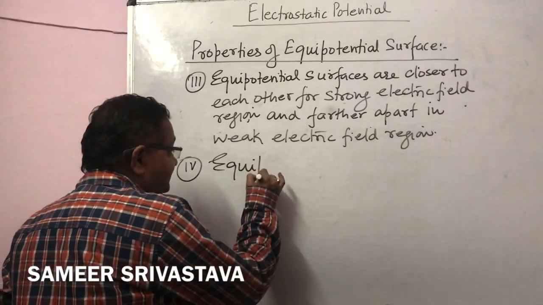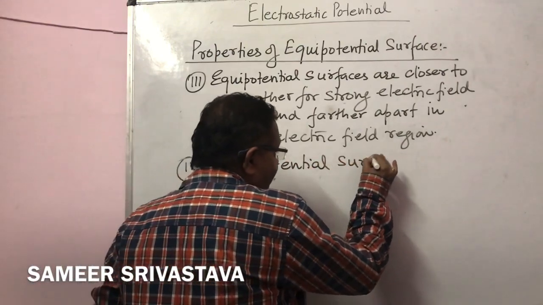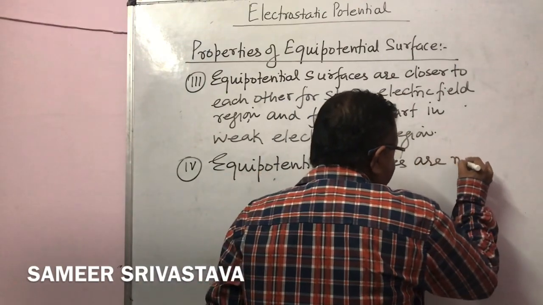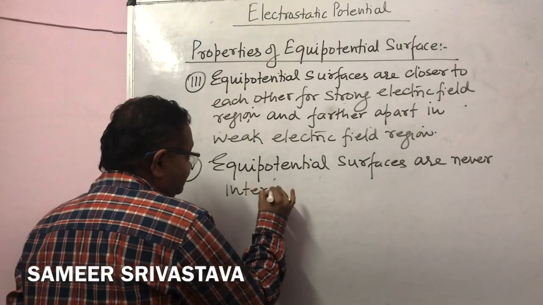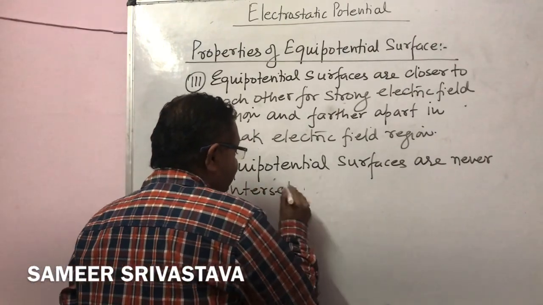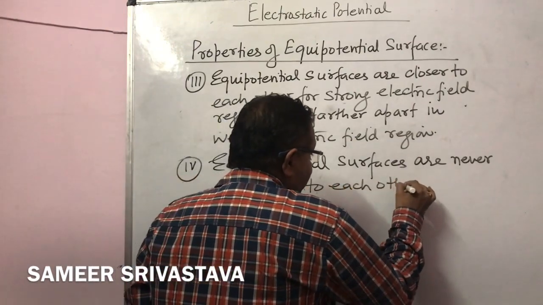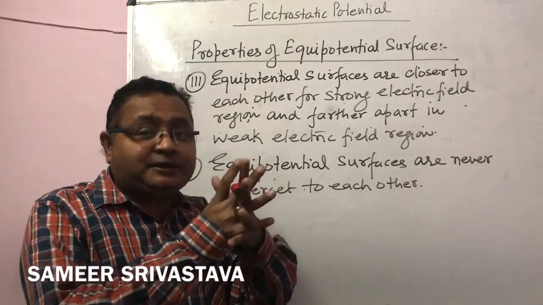Equipotential surfaces never intersect each other. Intersect means no two equipotential surfaces cut each other.